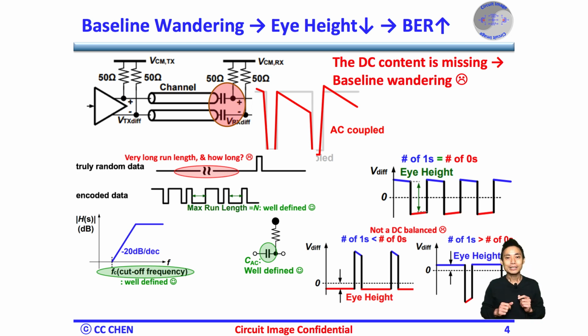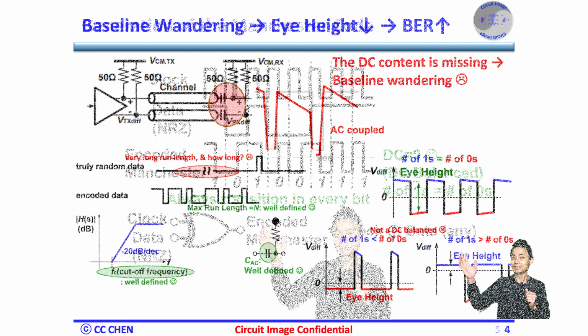Since the encoded data with limited long run and DC balance are so important to provide the best performance in a SerDes, let's talk about a few line codes here.